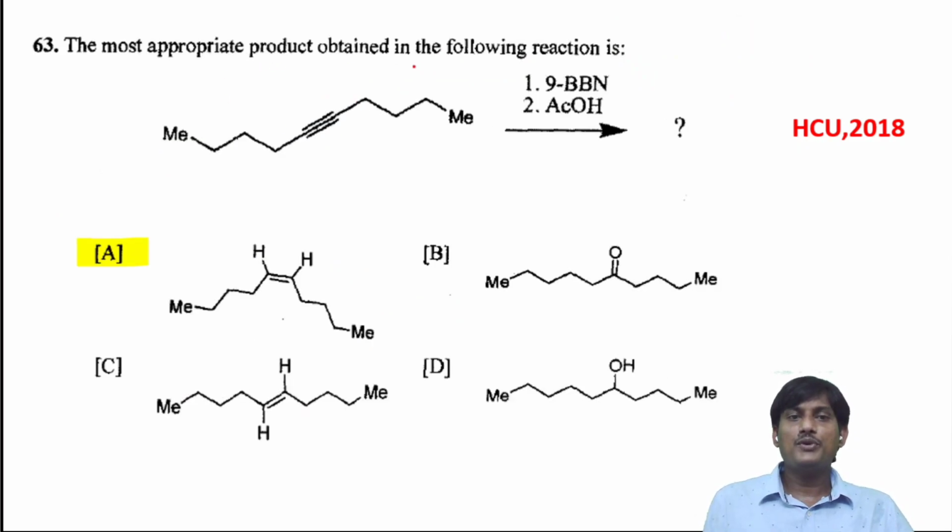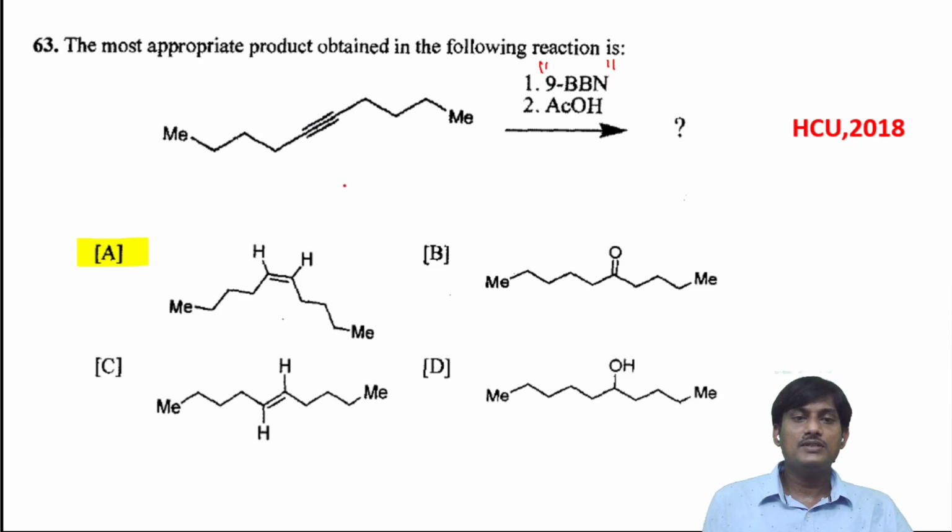The most appropriate product obtained in the following reaction is, the reagent is 9-BBN. It's a bulky organoborane. When you treat an alkyne with a bulky organoborane such as 9-BBN, there is a conversion of alkyne into alkene, and there is an addition of hydrogens in syn manner.